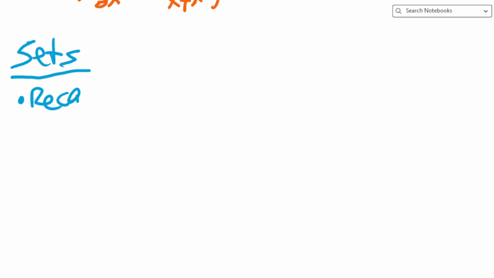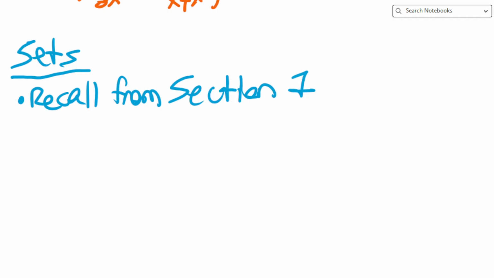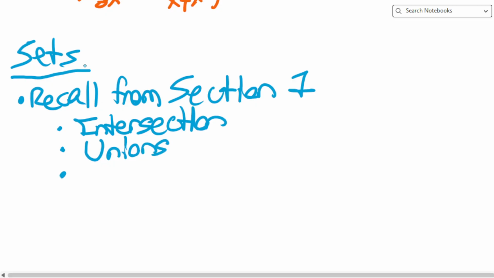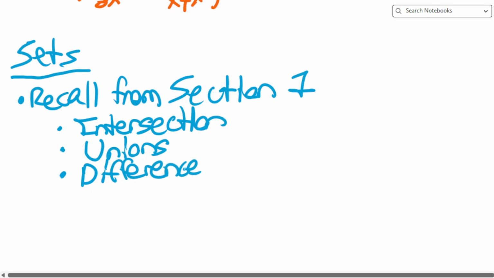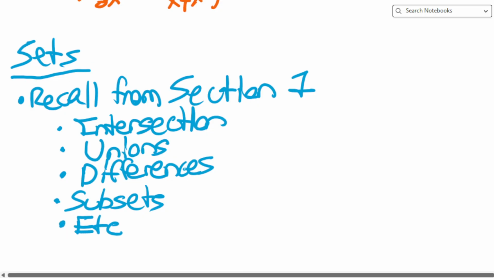So if you recall from section 1, we had intersections, we had unions, we had differences, these set operations, we had subsets, and everything else that we looked at.